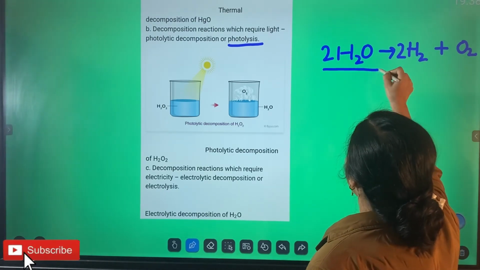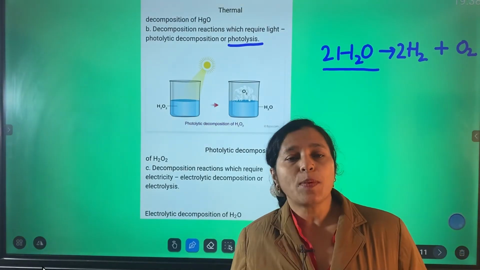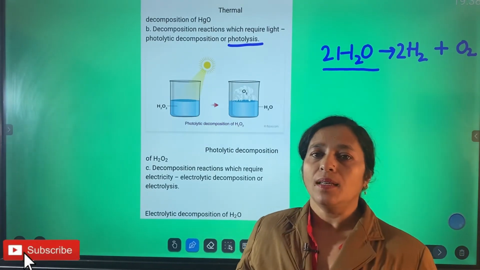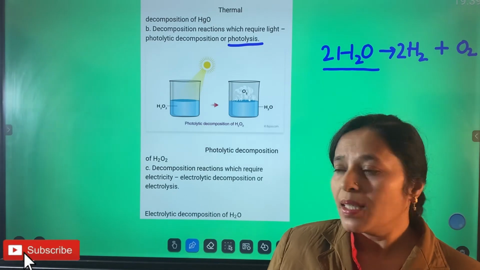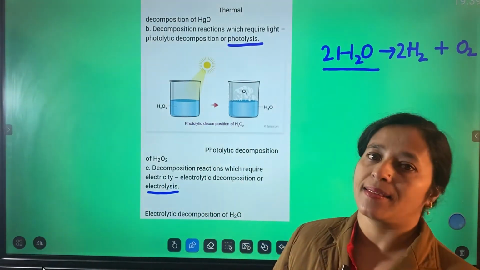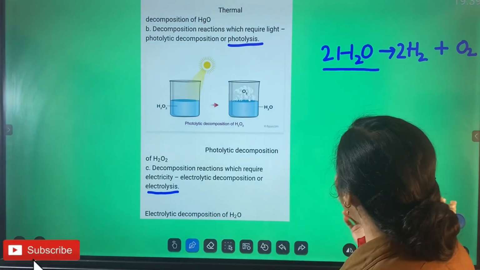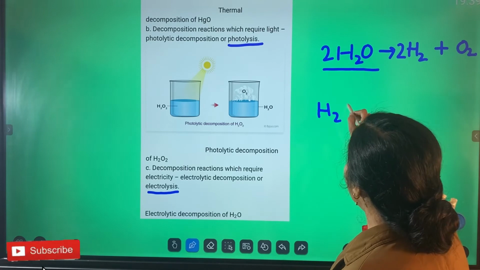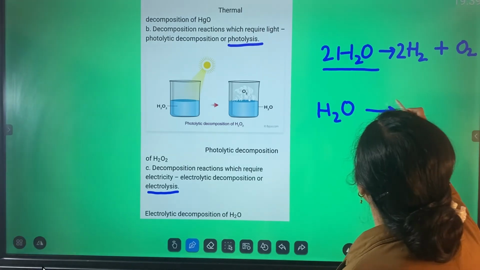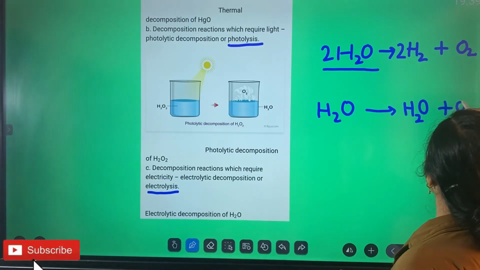So this is photolysis. Another example is, if we decompose water in the presence of electricity, then it will take the name of electrolysis. Electro means electricity and lysis means break. So the reaction that takes place in the presence of electricity will be known as electrolysis.